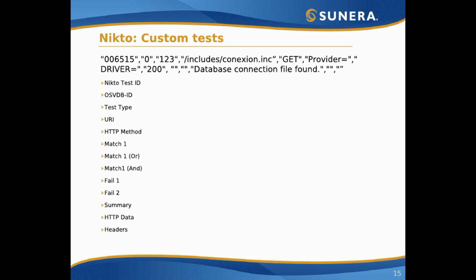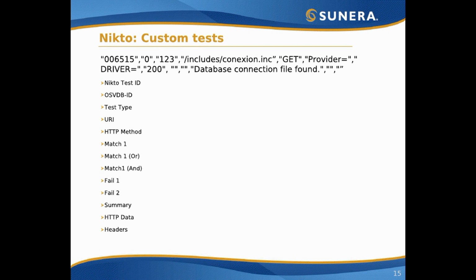But here's just an example test. This is actually the last test that was added that I saw last week, which is a database connection file. Those are all the fields that are in this file, and their field identifier names.